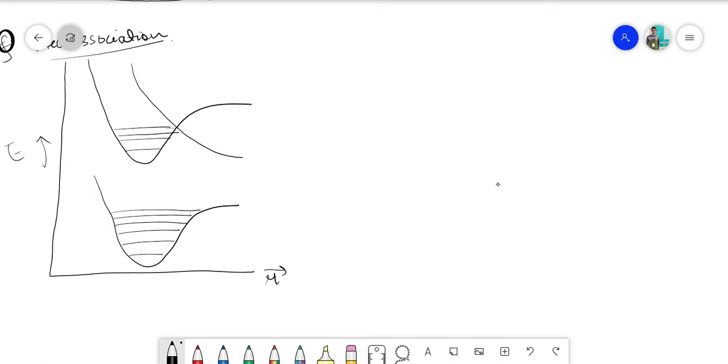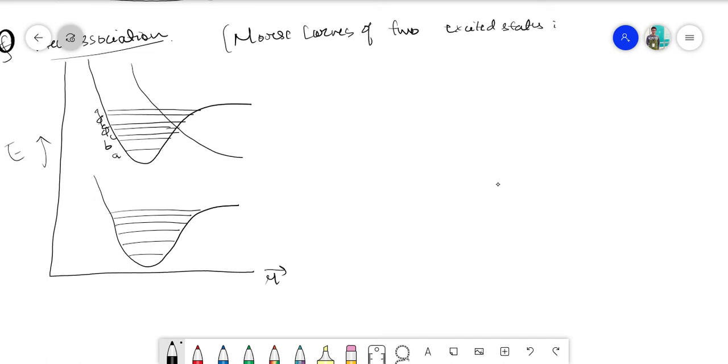Let's say there is one here. It has A, B, C, D, E, G. Now, whenever the transition is occurring, this kind of situation will occur when Morse curves of two excited states overlap.